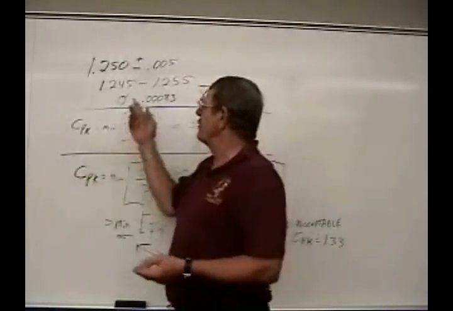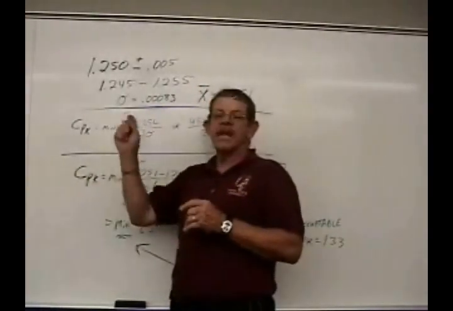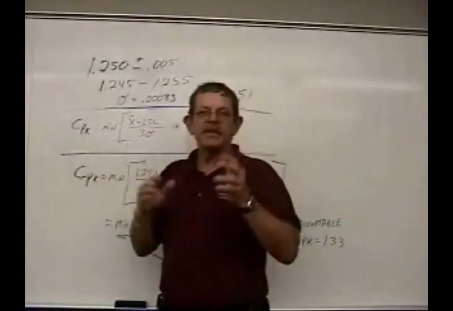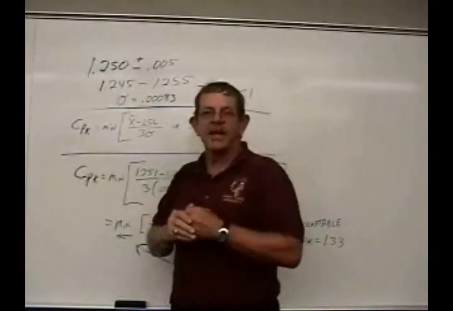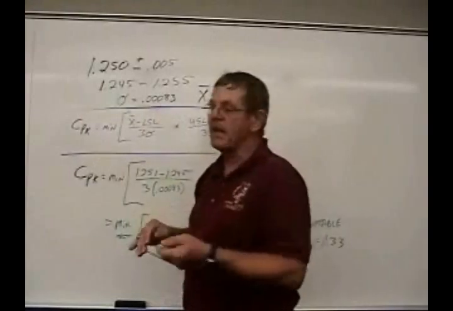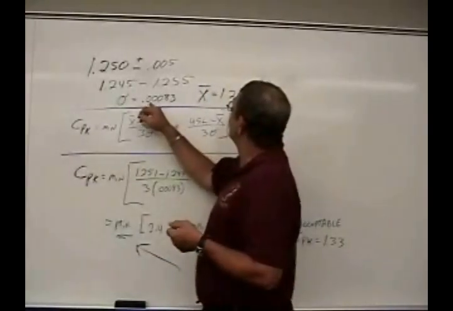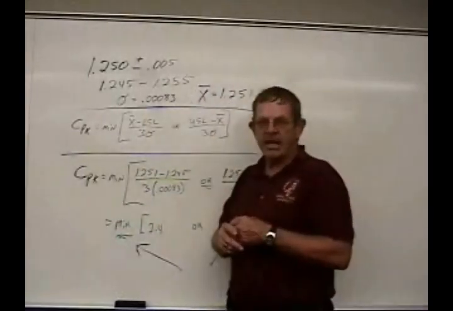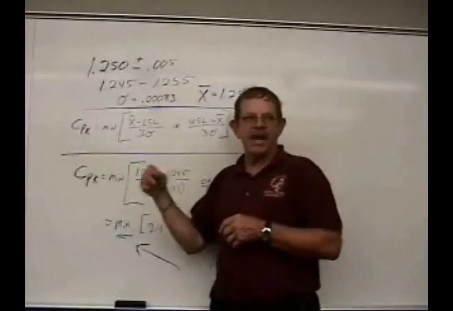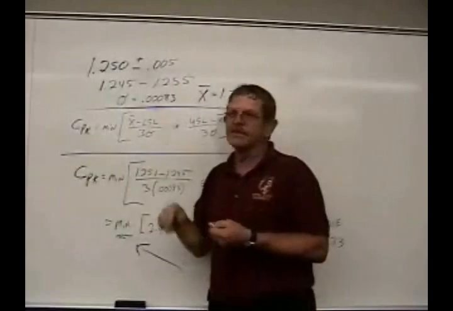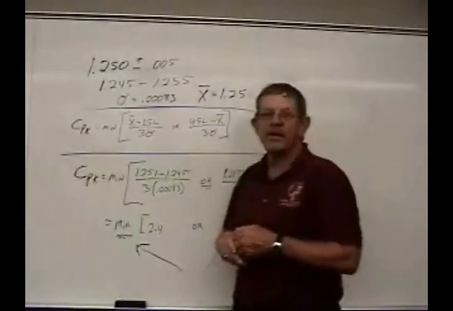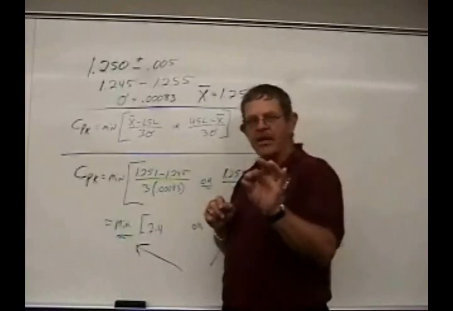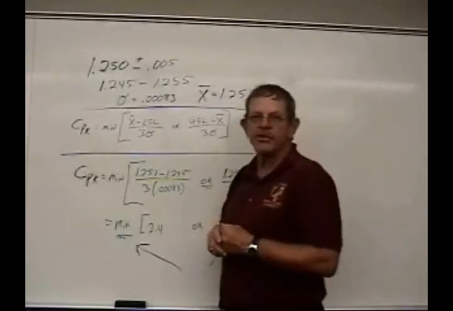So if you measured 100 parts and you added it all up and divided it by the number of parts and found out what the deviation was between all those parts, the standard deviation in this case, for the example we're using out of the textbook, is 0.0083. And after adding up all the parts, measuring them and dividing by 100, let's say, because that's the sample size we used, we found out that X bar, or the average mean value of the part, is 1.251.